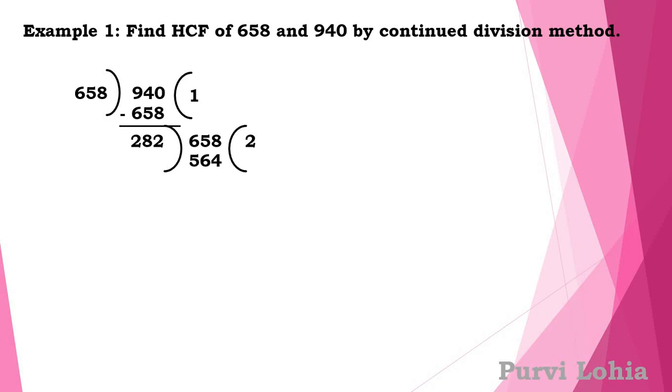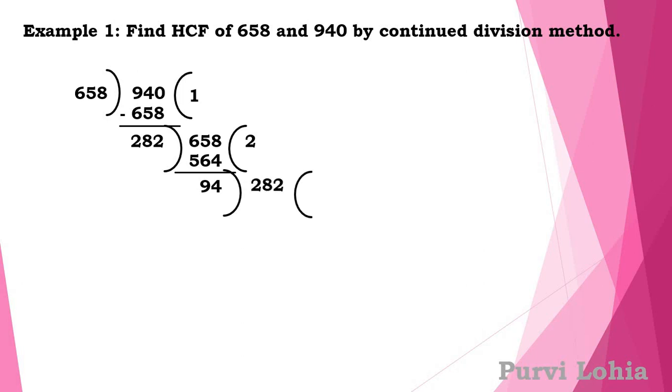So it will be 564. Subtract it and it will give 94. Now 94 will become the next divisor and 282 will become the next dividend because it is the previous divisor.